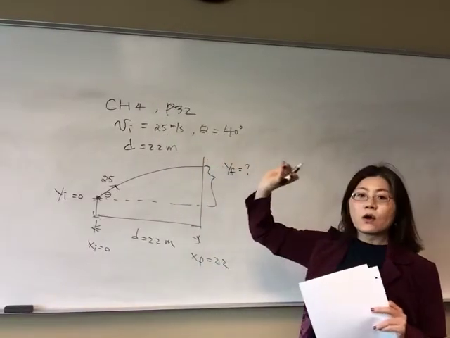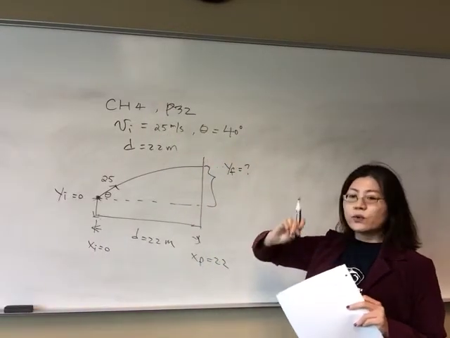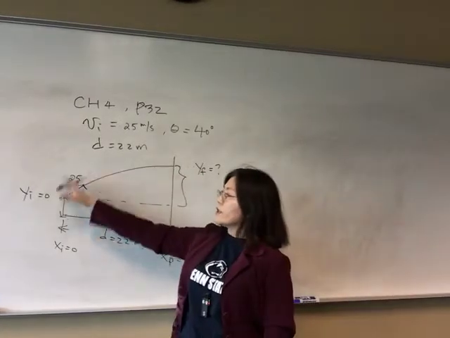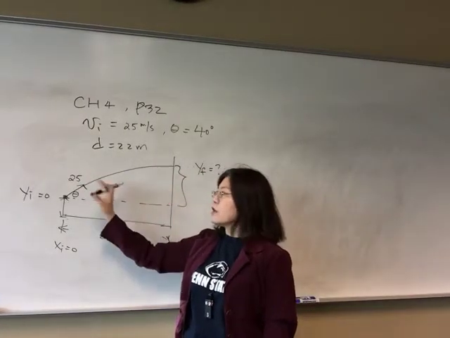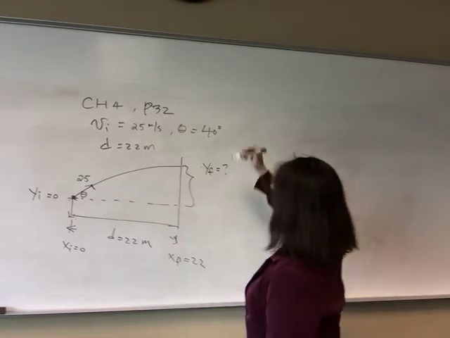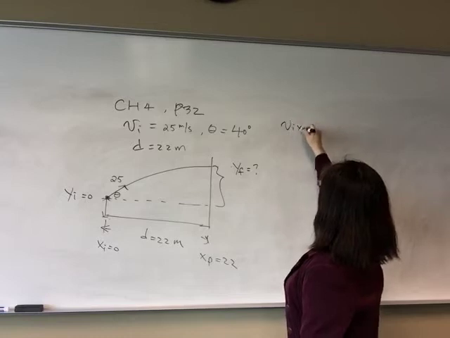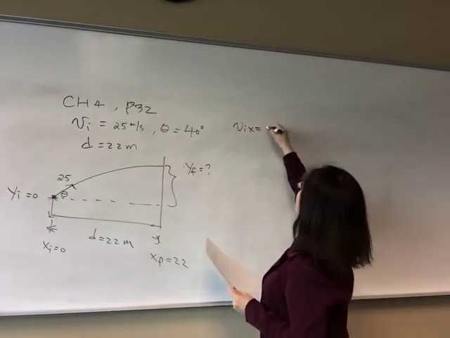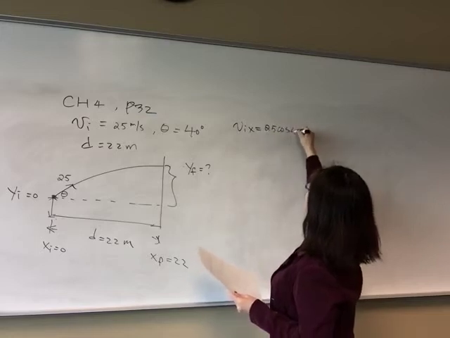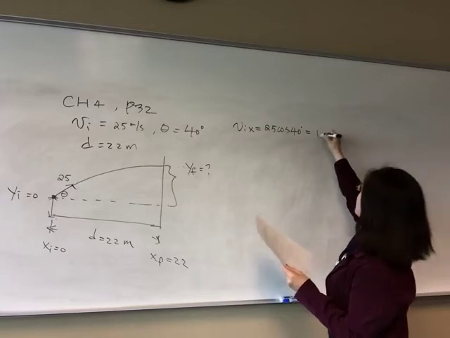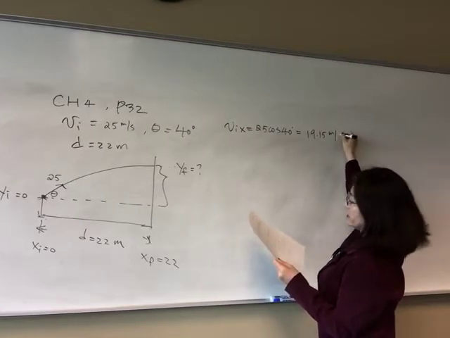Whenever you are given the initial velocity and the angle, the first thing you do is resolve the vector into an x and y component. And as you know, this is projectile motion. There's the x and y motion, and they are independent of each other. So initial velocity Vix is 25 cosine 40 degrees, which is 19.15 meters per second.